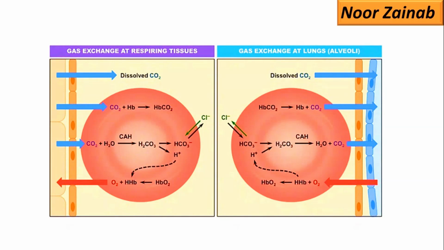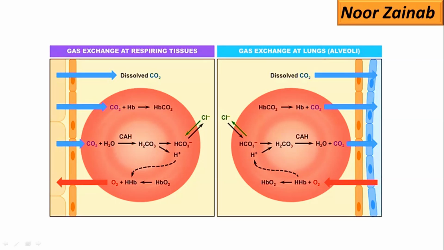So here you can see the 3 main ways by which carbon dioxide is transported in our blood. The first part is how carbon dioxide is transported as being dissolved in blood plasma. The second arrow shows us how it is transported by being attached with hemoglobin to form carboxyhemoglobin.